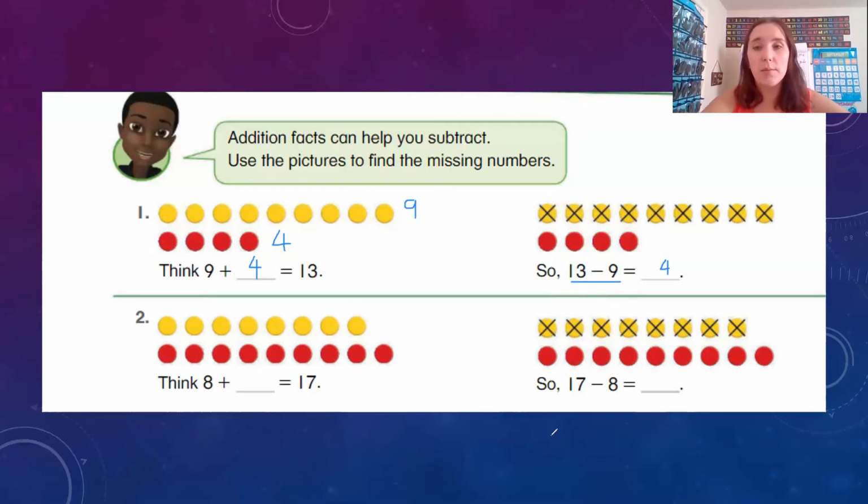Let's look at the one on the bottom. We're doing 17 minus 8. So if we start with 8 yellow counters, we need to count on until we get to 17. We need to think 8 plus how many more equals 17?